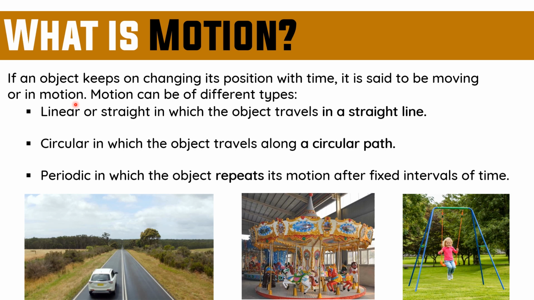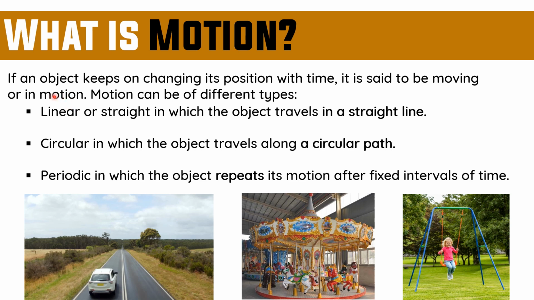Example, if one boy is walking, just imagine one boy is walking. At that time, in the first second, he is in one particular place. After 5 seconds, he has passed that position. He reached the next position.